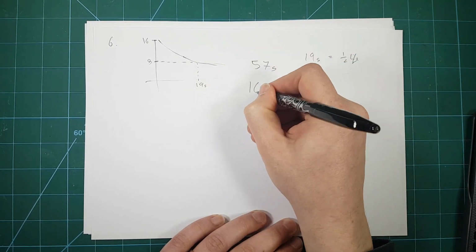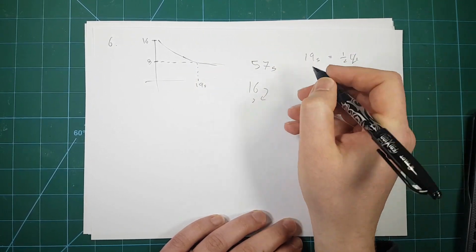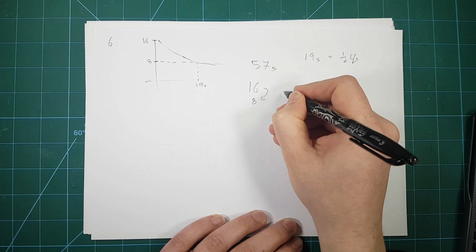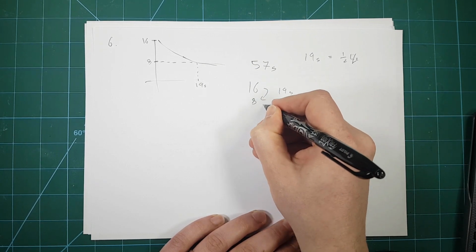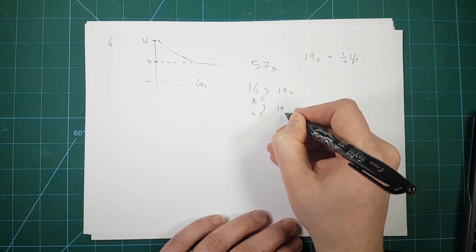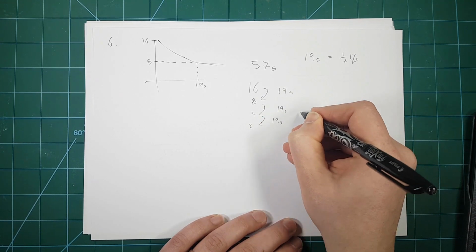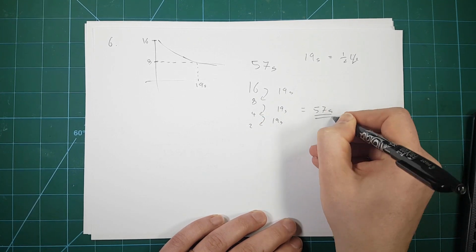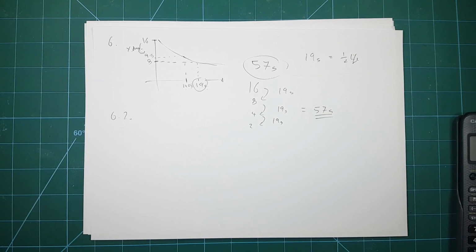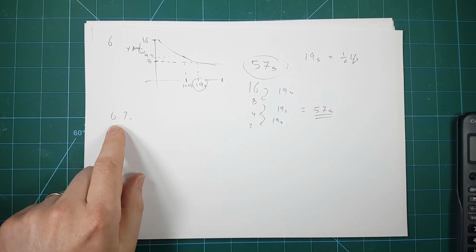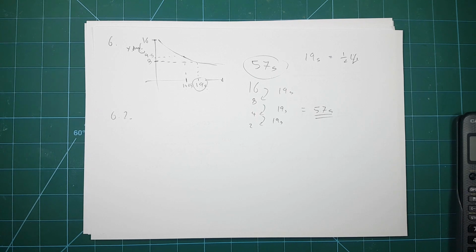So if we start at 16, it will go to 8 after 19 seconds. It will go to 4 after another 19 seconds, and it will go to 2 after a third 19 seconds, which is 57 seconds.